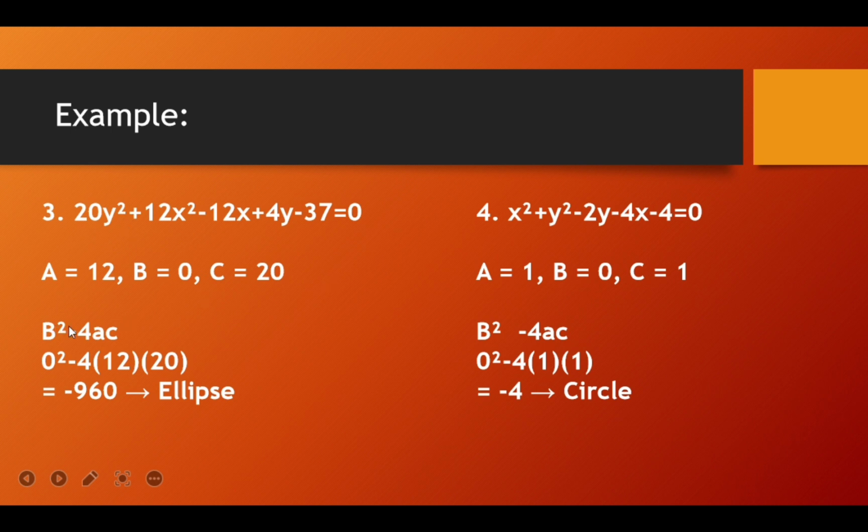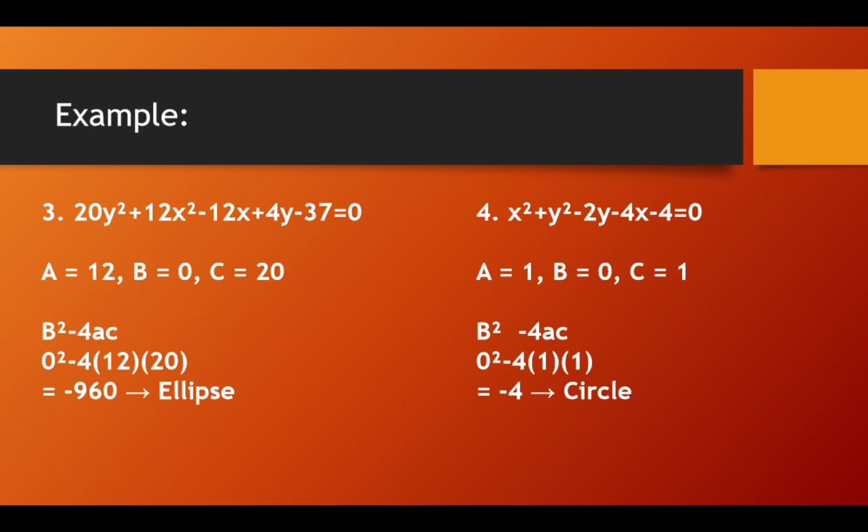Compute the conic discriminant: 0 squared minus 4 times a, which is 12, times c, which is 20. So negative 4 times 12 times 20 is equal to negative 960. So it is less than 0, and so it is an ellipse. It is an ellipse because a is not equal to c.